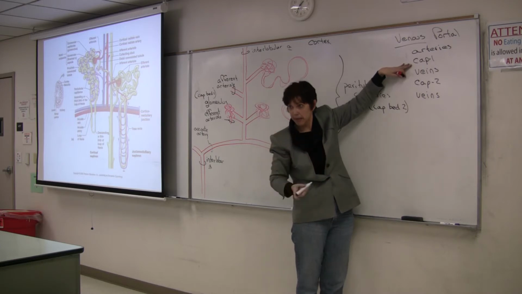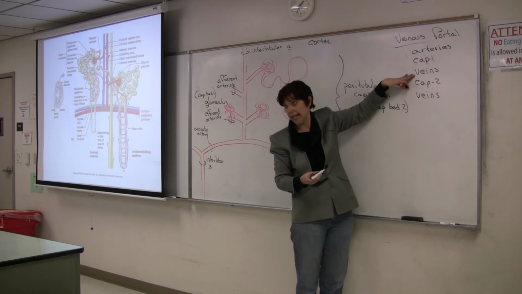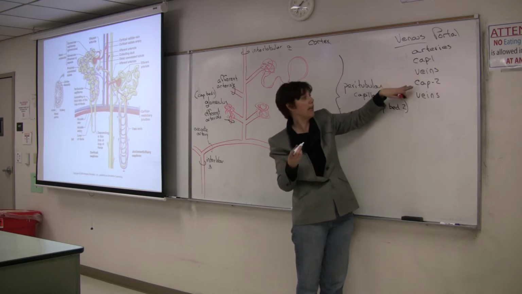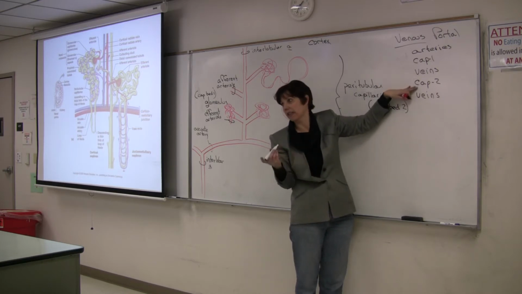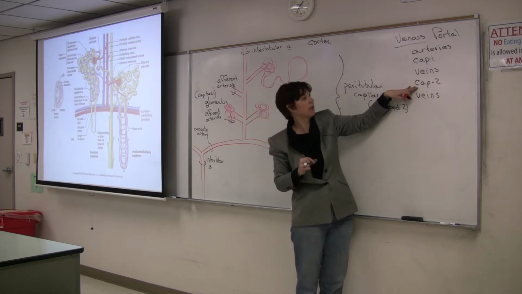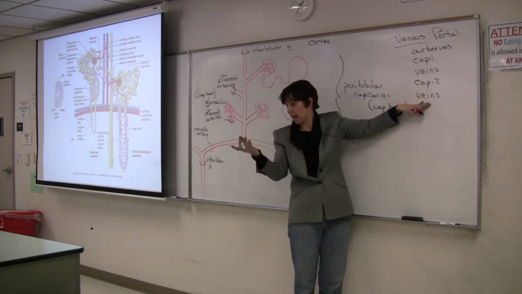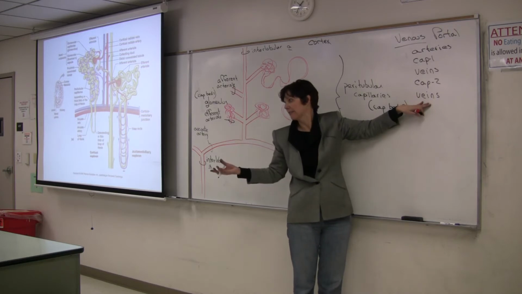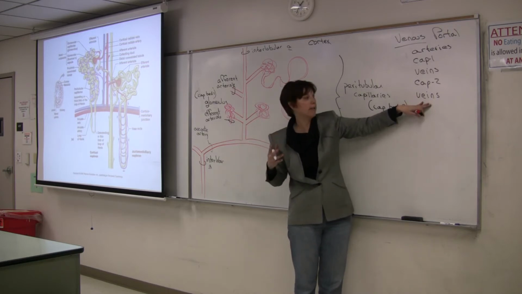That will pick up the amino acids and the glucose. They will go from veins to the liver, and then into capillaries again in the liver, which we call sinusoids because they're much larger in diameter, and then back into the veins, the hepatic veins, which leave the liver. So those two systems are very similar.